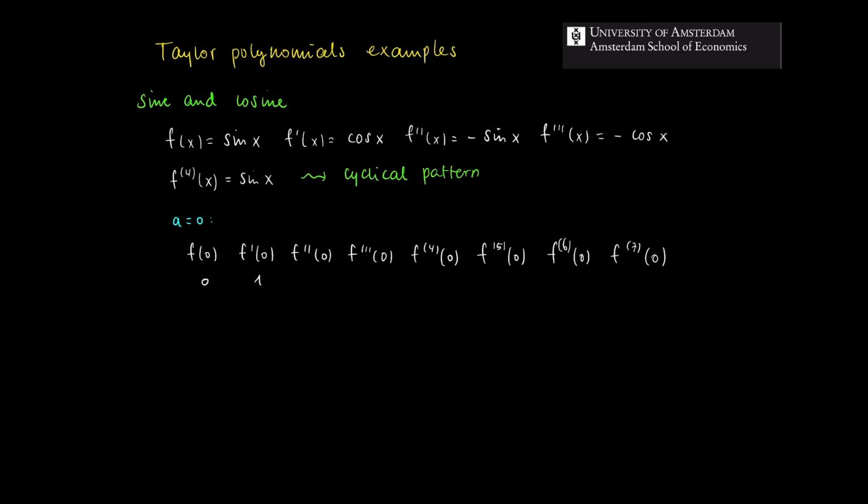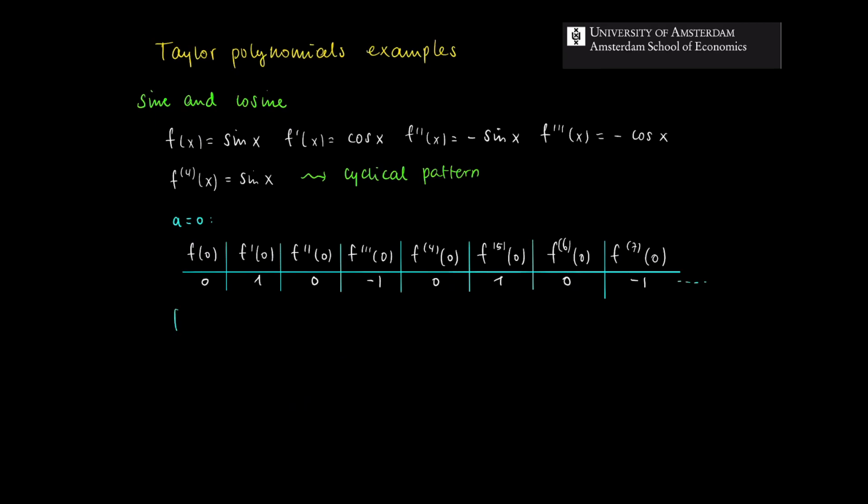f(0) is 0, f prime(0) is 1, f double prime(0) is again the sine of 0, so it's 0. The third order derivative is minus 1, as it is minus the cosine of 0. And then this pattern repeats. So this is a repetitive cyclical pattern.